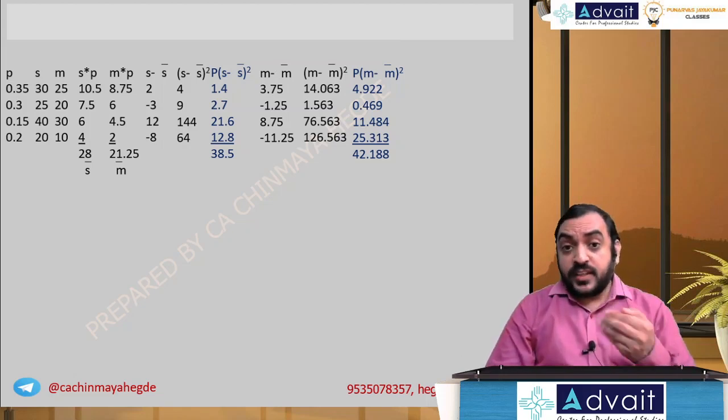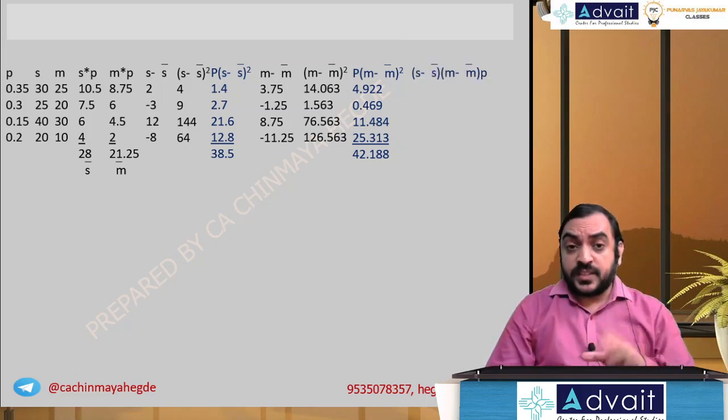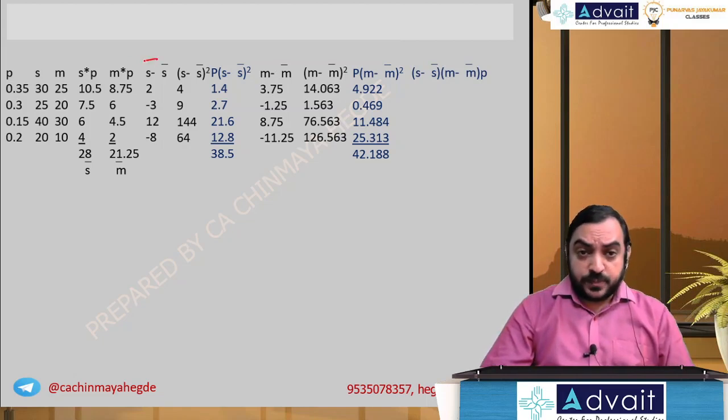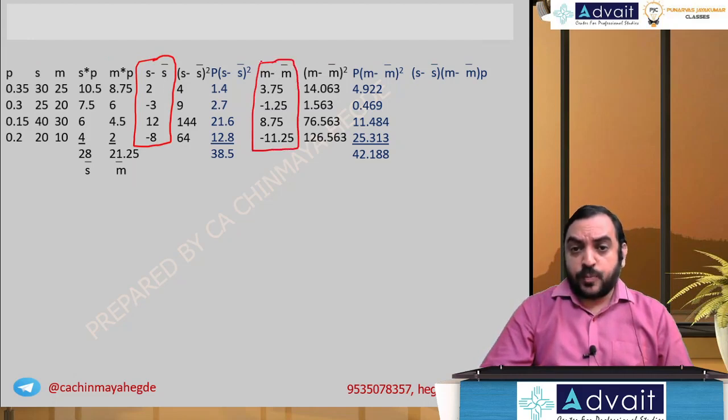Okay, I need covariance, that means M minus M bar into S minus S bar into probability. S minus S bar is this column, M minus M bar is this column, hope you calculated; if not, copy down quickly. These three should be multiplied.